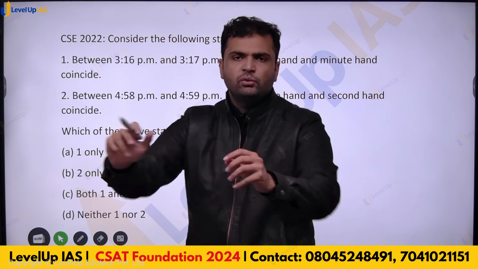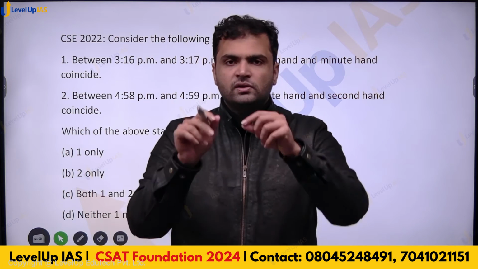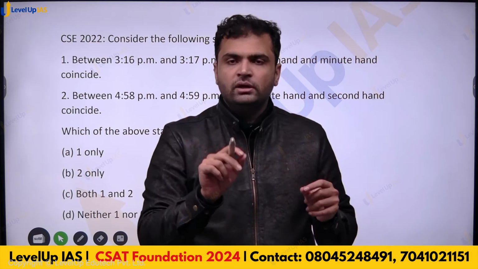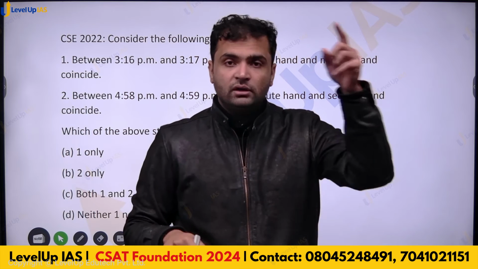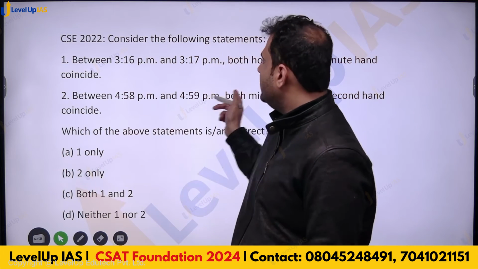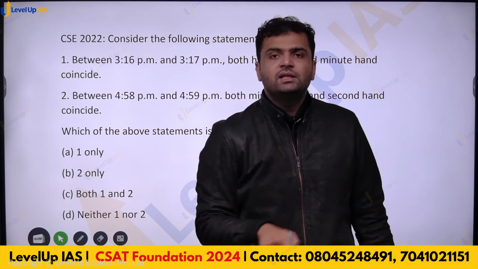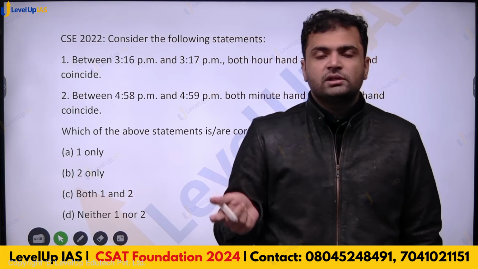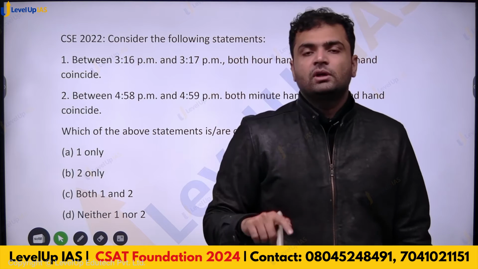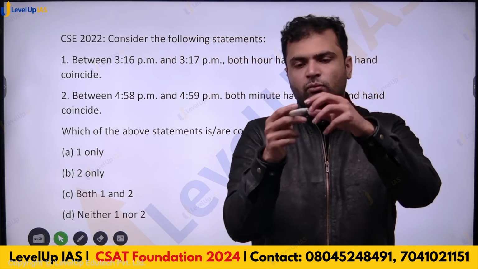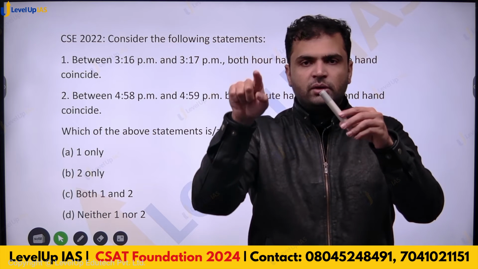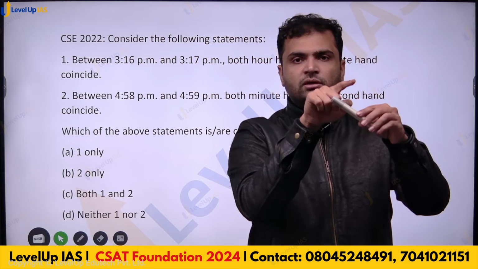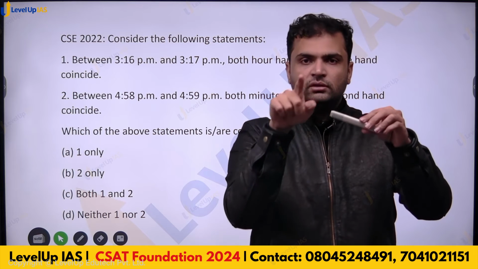Now, as a rule, if you have ever observed a watch, the hour hand travels very slowly, covering a 30-degree angle in 60 minutes, but the minute hand covers the entire 360-degree angle in 60 minutes. It travels fully, no? So whatever the hour hand position may be, the minute hand will come and cross it, right?